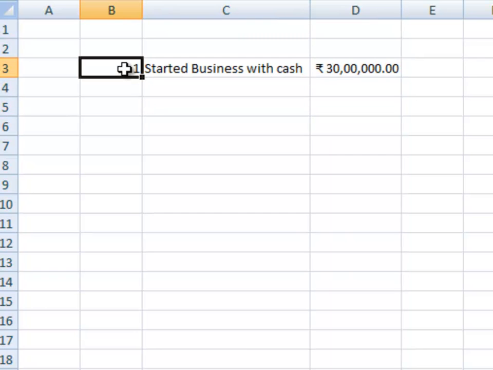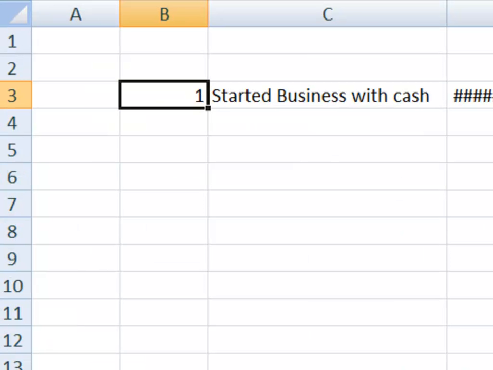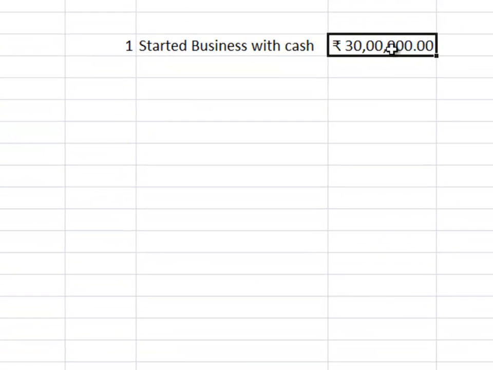Is it visible? Start making balance sheets based on these transactions.